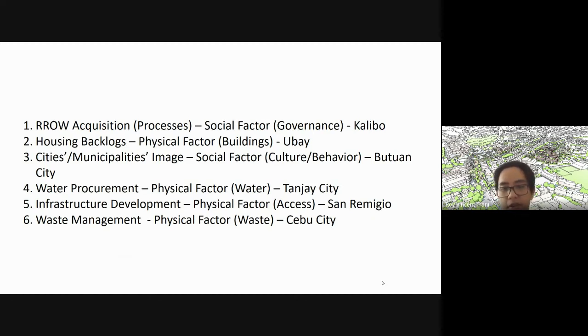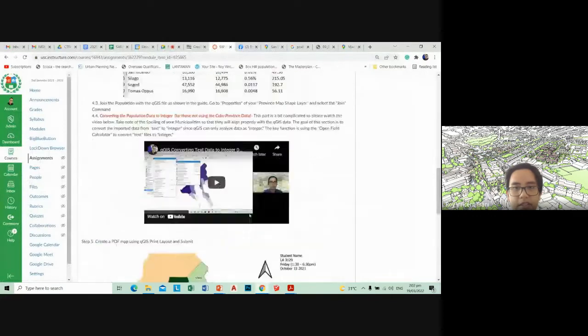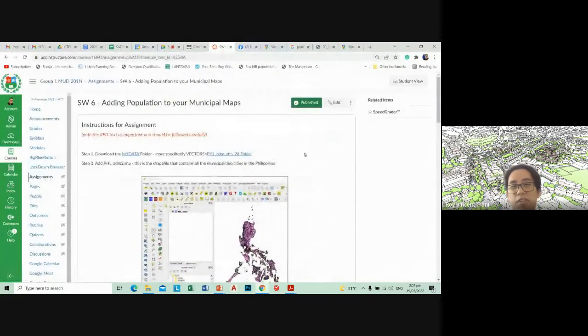And for infrastructure development, we can actually draw the line for new roads. And for waste management, we can do new routes, like where should the garbage go, and where should the garbage be physically put for the waste to be picked up. So there are several ways we can apply QGIS with this. But for next week, we'll just focus on the population mapping first because it's already ready there. And probably towards our finals, we'll do individual activities to create our own specific maps.